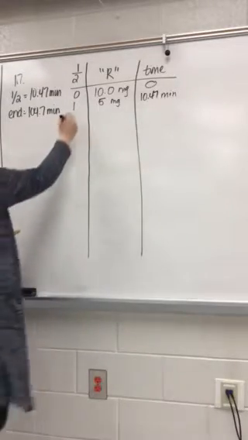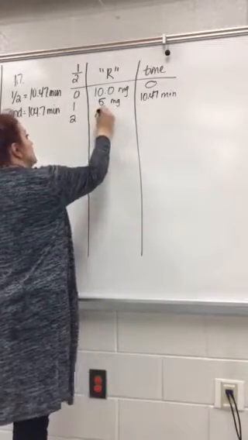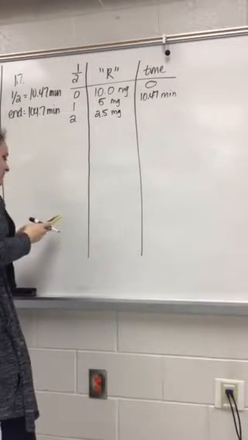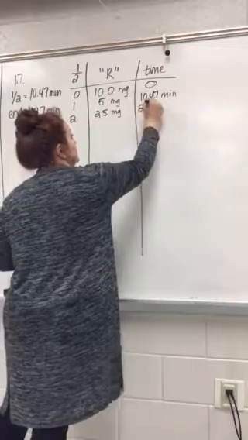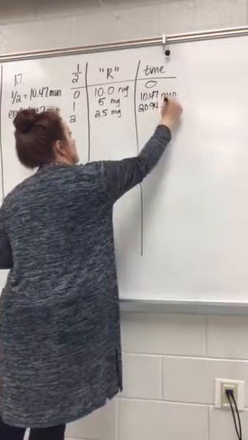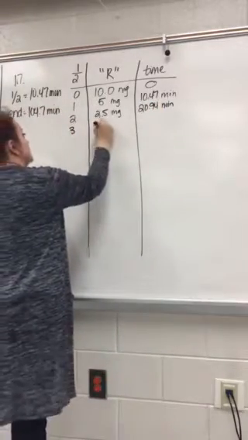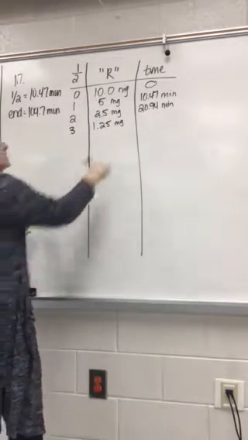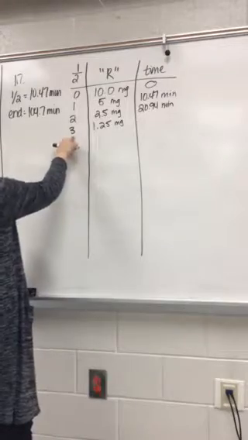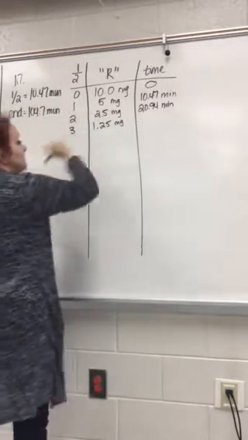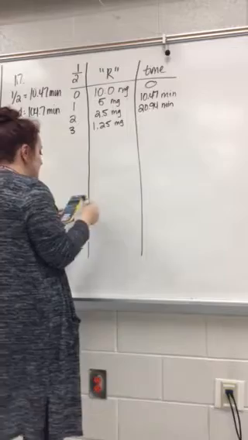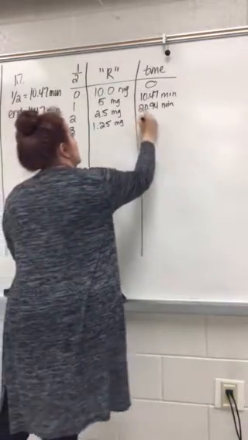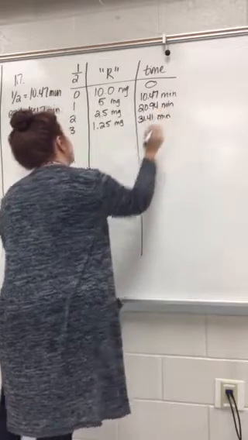Then we're going to keep going. 2, 2.5, and then 10.47 plus 10.47 becomes 20.94 minutes. 3, this becomes 1.25 milligrams. We stack on 10.47 plus 20.94 because after another half-life has happened, that length of time still passes on. So we'll add those together. We always add the time column, and that becomes 31.41 minutes.